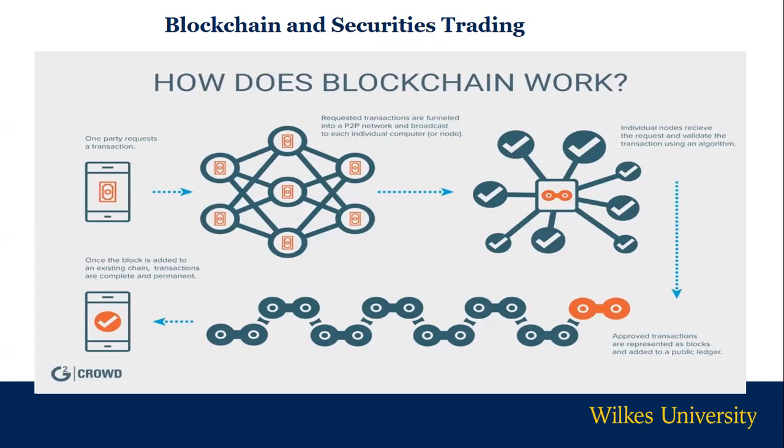Once it is validated, a block is created, and the block basically tells the technology, tells the platform to implement the transaction. So when you're talking about trading securities, this actually does work pretty well, because it would just put in the amount that you want to sell, the amount that you would, how much you think it's worth.